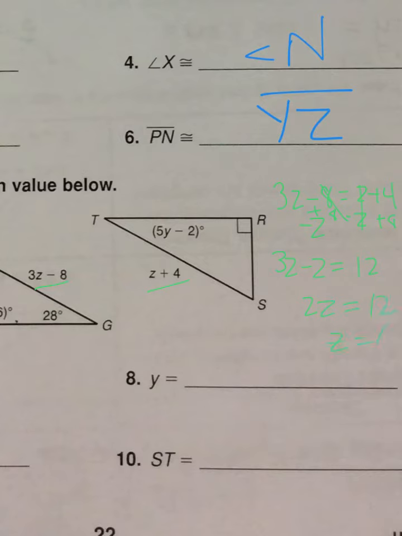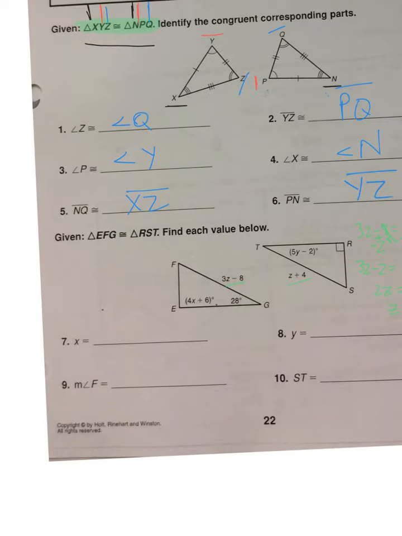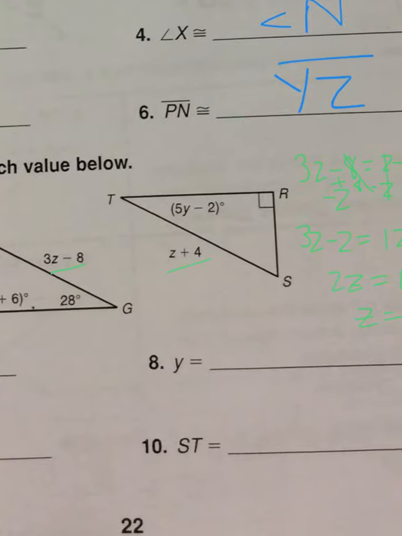Z equals 6. Okay? So we know that z equals 6. They don't even ask for z. But if you were to plug it back in, this would be 6 plus 4, which is 10. So TS, or ST, is 10 units.